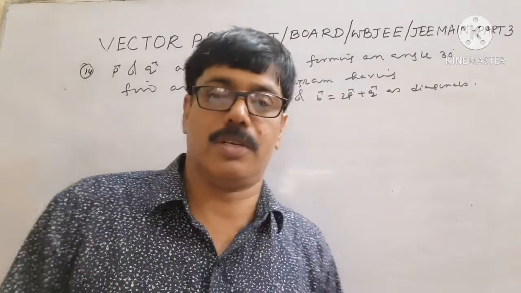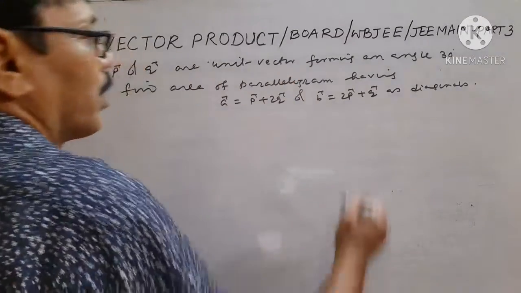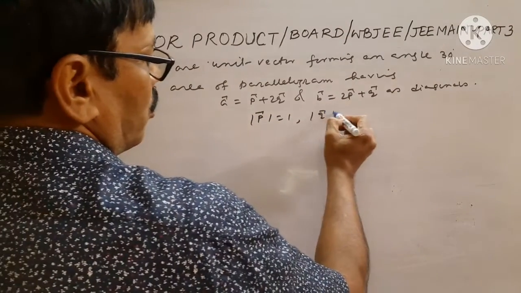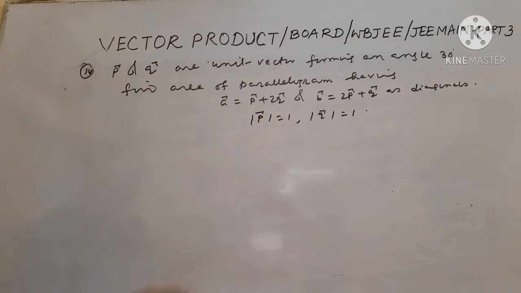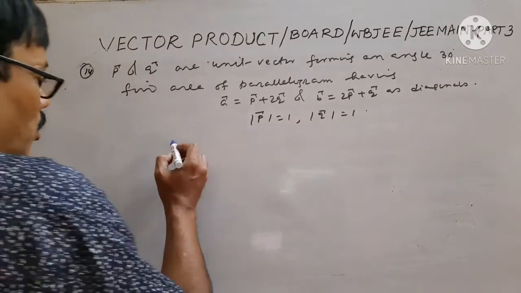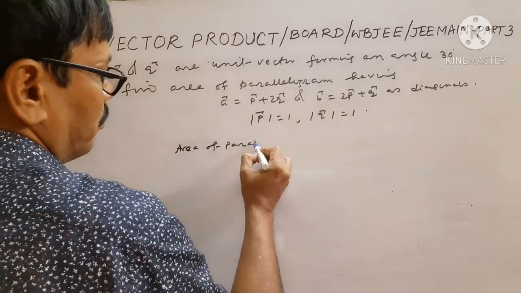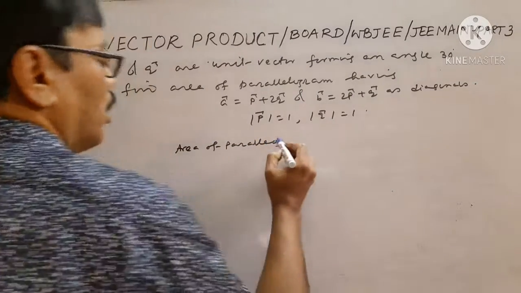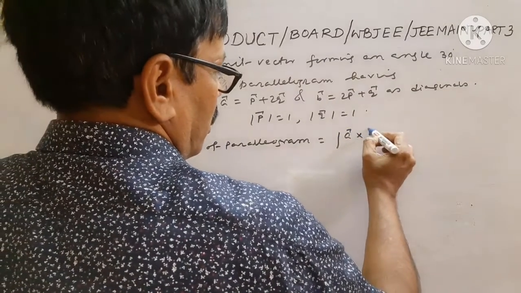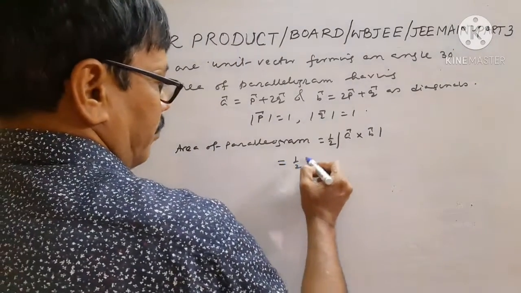Now consider the last problem. P and Q are unit vectors having an angle of 30 degrees, so mod P equals 1, mod Q equals 1. Find the area of the parallelogram whose diagonals are given. We know the formula: if diagonals are given, area of parallelogram equals half of A cross B. What is A?